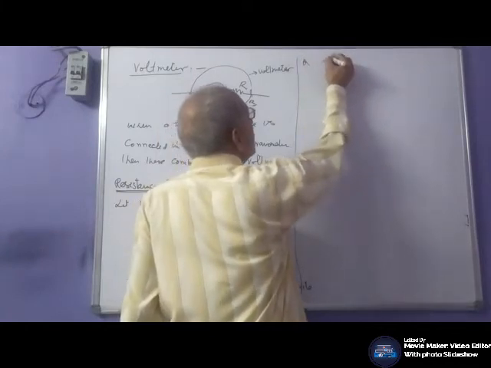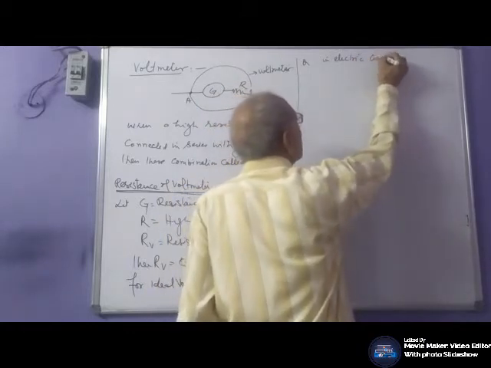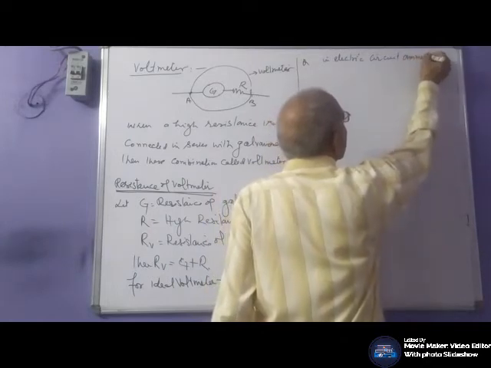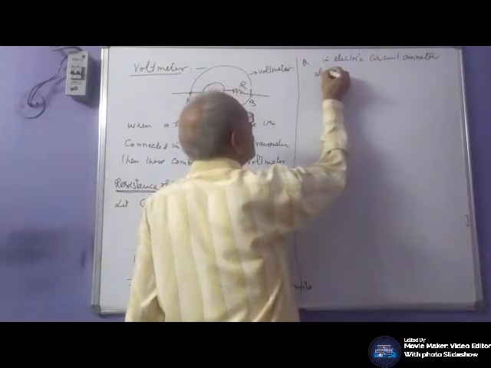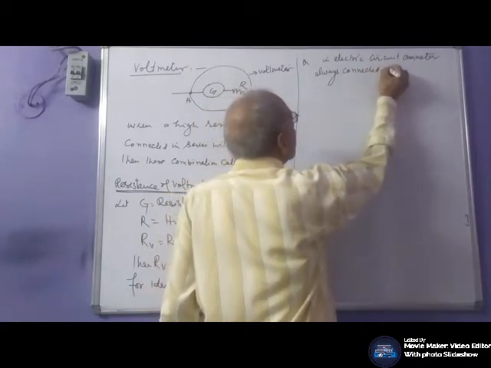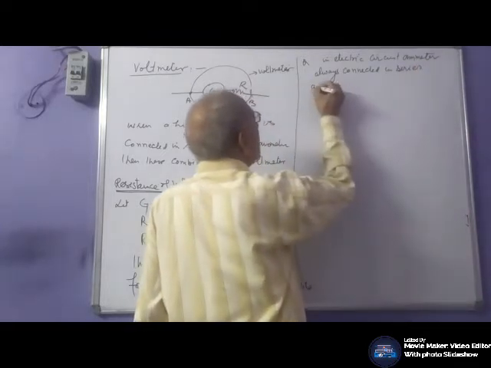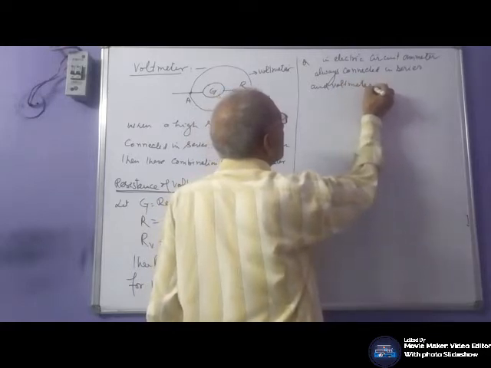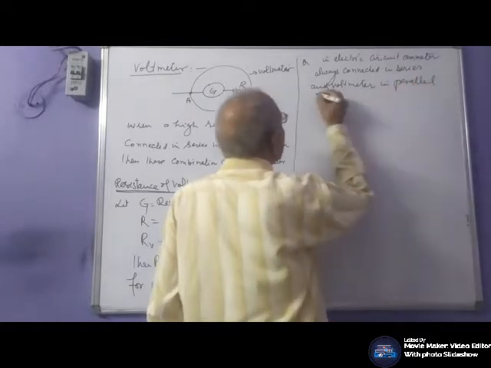Question: in an electric circuit, an ammeter is always connected in series and a voltmeter in parallel. Why?